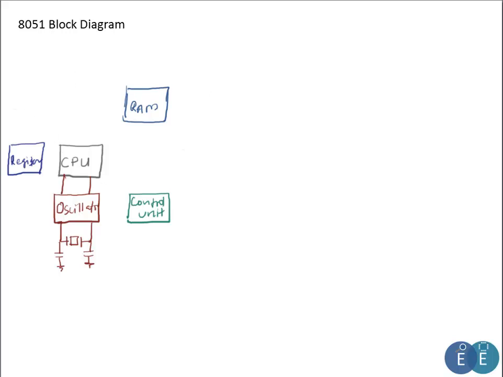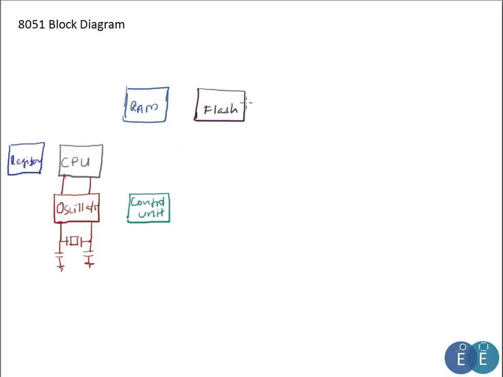Similarly, we also have a flash memory, a kind of permanent memory, where we store the entire code or the program. Most of the controllers these days have flash memory. In earlier controllers other types of memories were used, but it's a standard thing now to have flash memory on the controller.